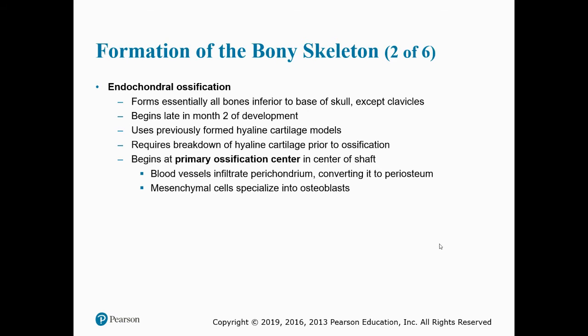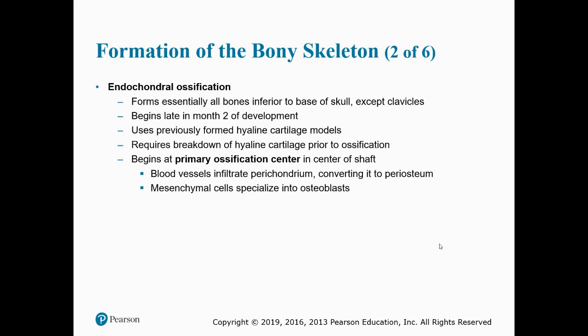Now, endochondral ossification develops the bones below the skull, excluding the clavicle, which develops in the opposite manner, by intramembranous ossification. What happens in this process is that the hyaline cartilage is broken down and used as a guide to have the ossification process proceed. So just think of it as a scaffolding that we will eventually build a bone upon.